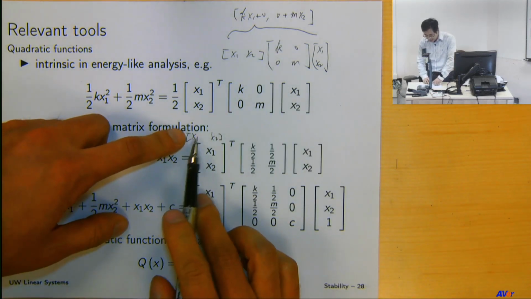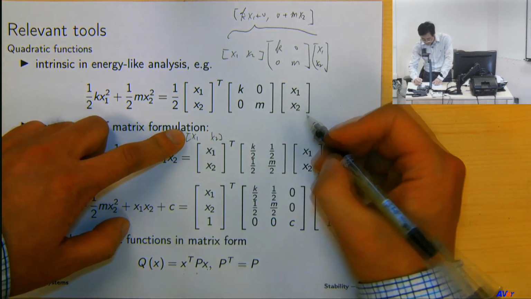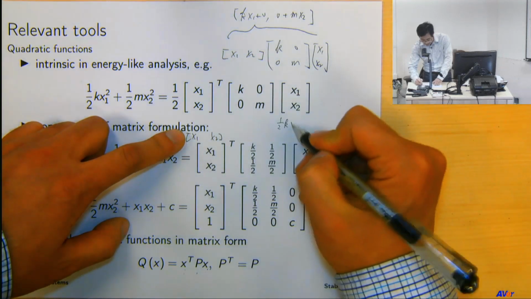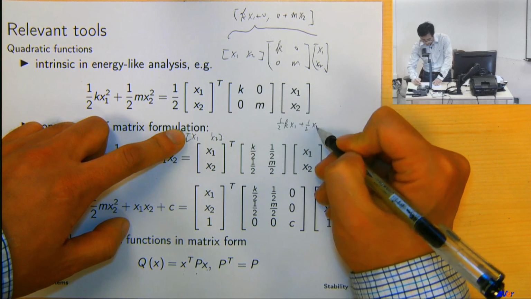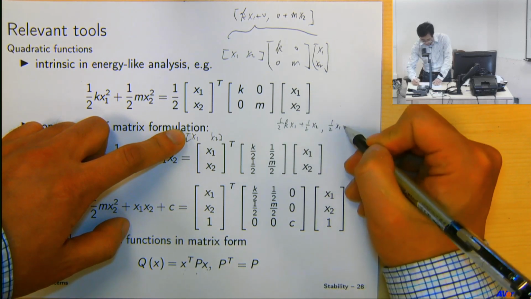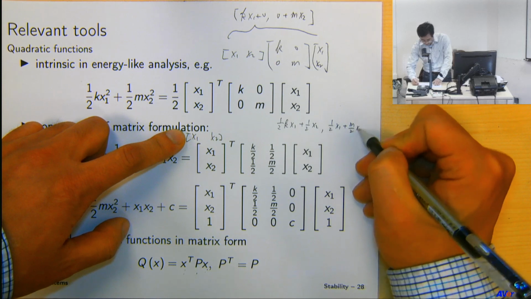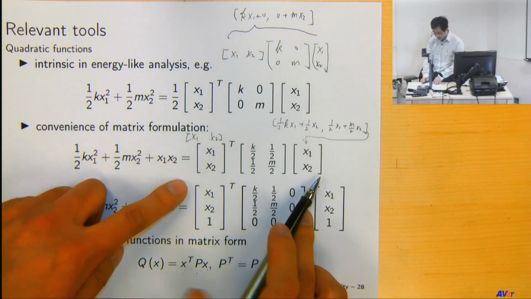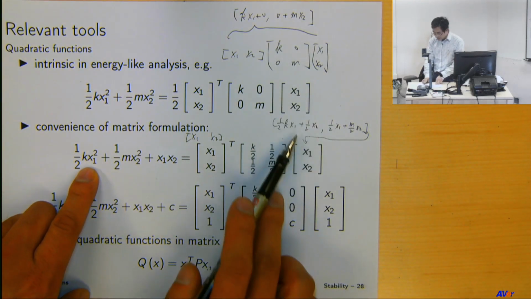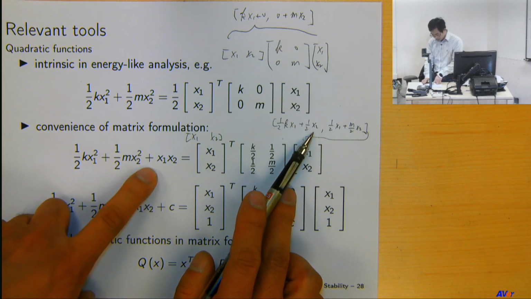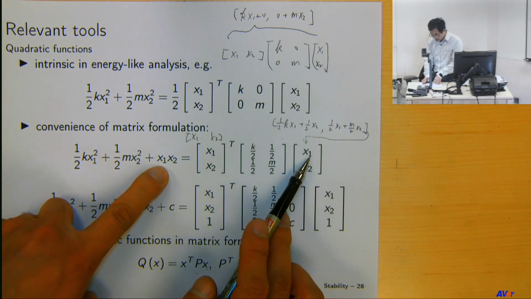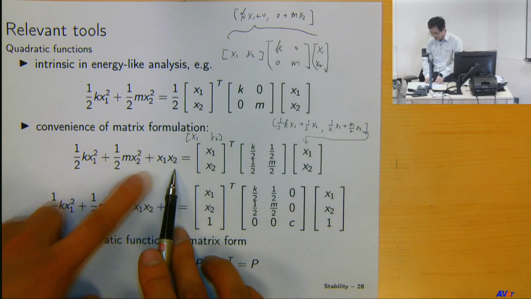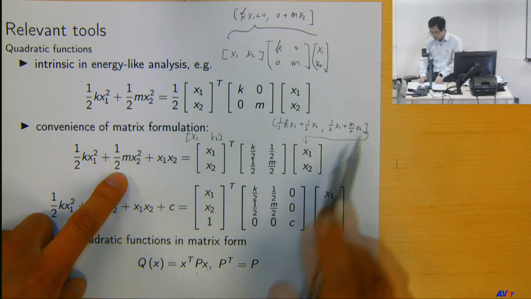This row vector multiplying this matrix gives you the first row times x1 plus the second row times x2. Then multiplying the column vector, you get half of k times x1 squared plus half of x2 times x1, plus another half of x1 times x2, giving you the x1 times x2 term, then plus half of m times x2 squared.